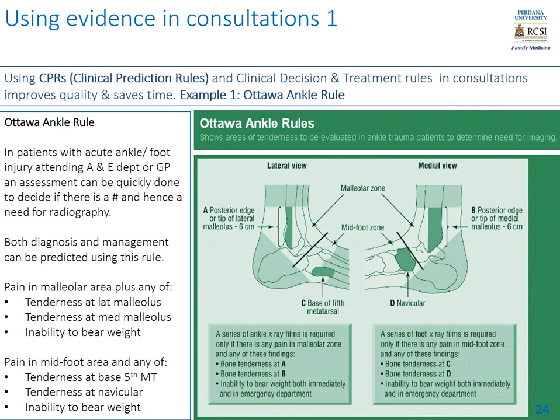The Ottawa ankle rule is for patients who have ankle injuries, and it is to determine whether they have a high probability of a fracture and therefore require radiography, or they do not. And effectively, if the patient can bear weight and has no tenderness in the areas shown here, and also over the base of the fifth metatarsal, the likelihood of fracture is very low and they do not need referral to X-ray.